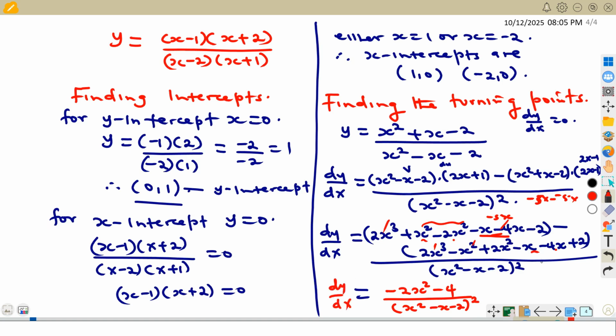After getting dy/dx, for the turning point, dy/dx will be equal to 0.